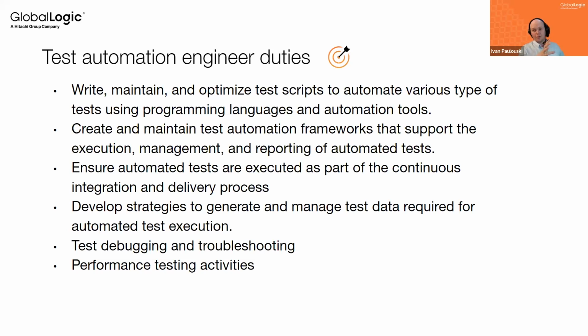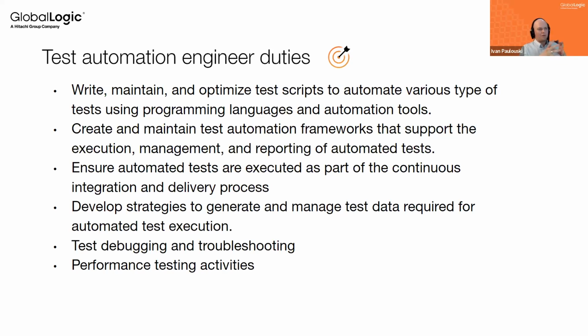Also, test debugging and troubleshooting. Automated test is code, and each piece of code has a tendency to have some bugs. Our tests are also susceptible to these bugs, so you need to go through this code and troubleshoot if necessary and find the root cause of failures, because with automated tests you can have false positive and false negative results.